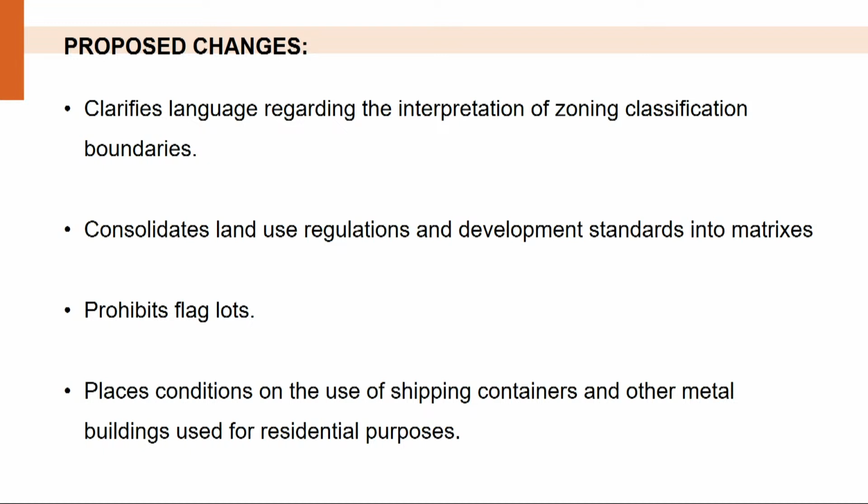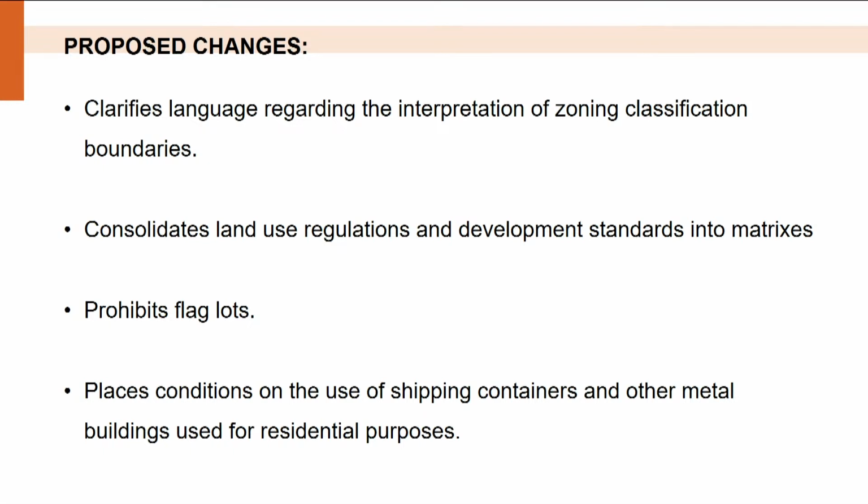We've consolidated our land use regulations and standards into simple matrices, which are found in the front portion of the chapter. This will provide a citizen, developer, or staff an easy ability to see the core facts of a given zoning district based on the zoning map.